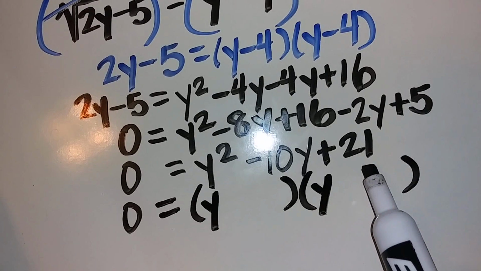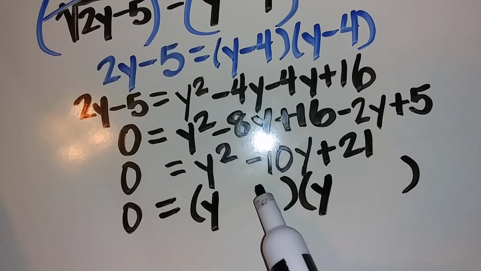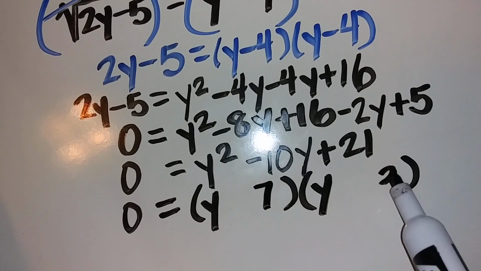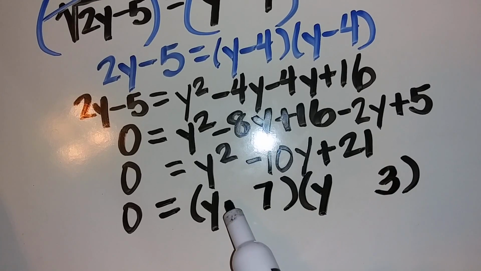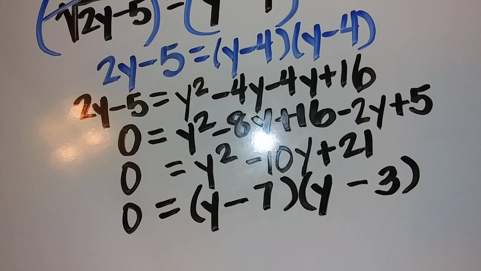I need to find two factors that will multiply to give me 21 and add to give me negative 10. I know that 7 times 3 is 21. I know negative 7 minus 3 is negative 10. So we are good. Since we have it in factor form, we can now solve for y.